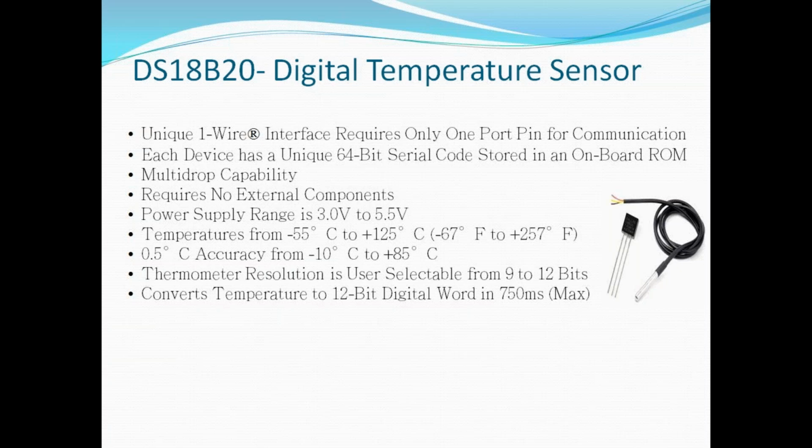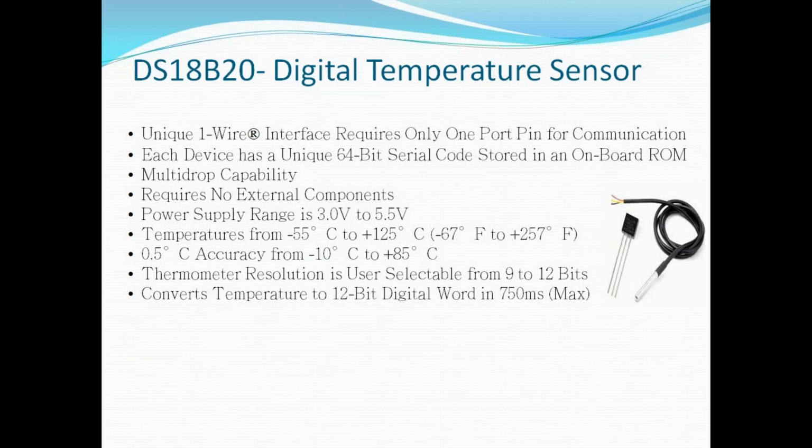But LM35 is very cheap, cost-wise, a very cheap transistor type sensor. It can be used for small applications, but not for a sensor network.